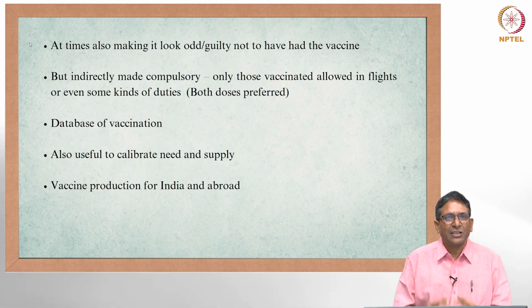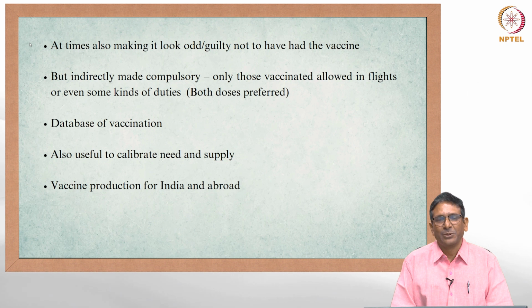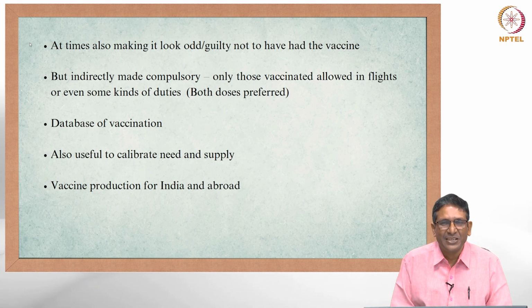And of course, now there was a better collection of information about vaccination, about the availability, about the supply. As I have been saying, information management and data collection are very important. We've been talking about vital statistics, registration, and such things.